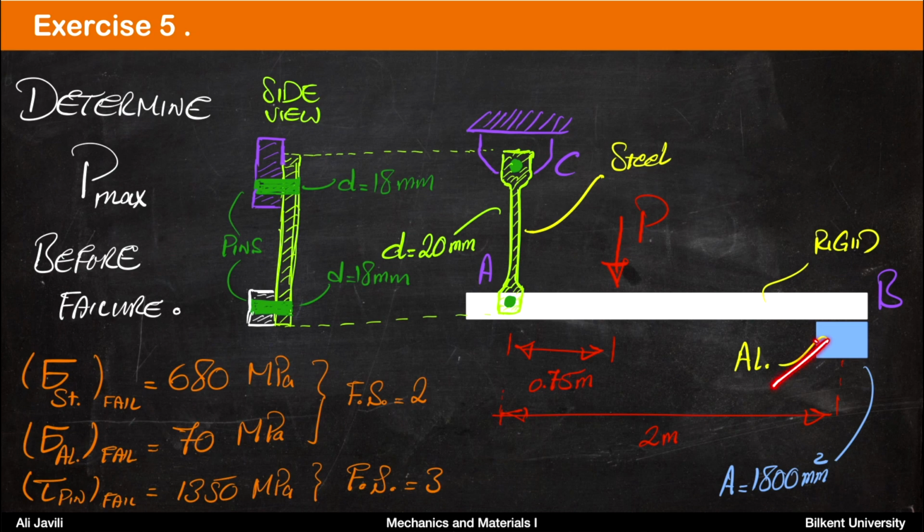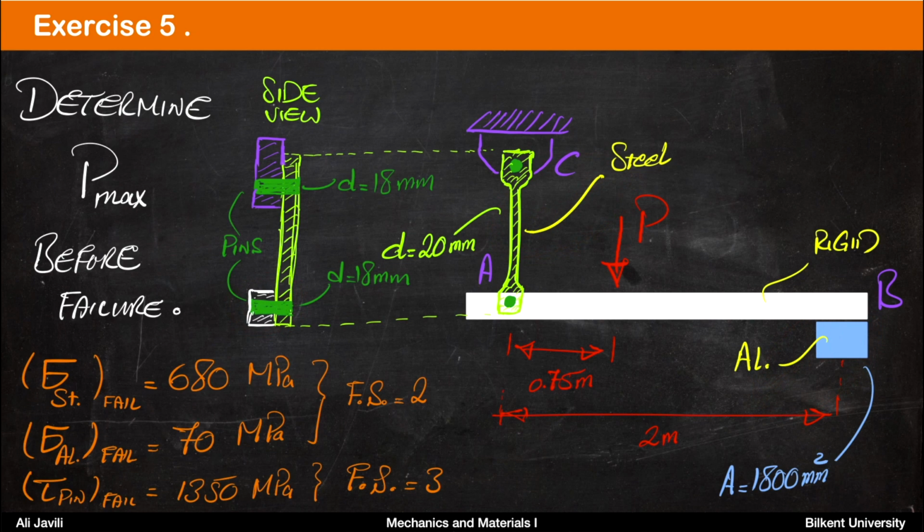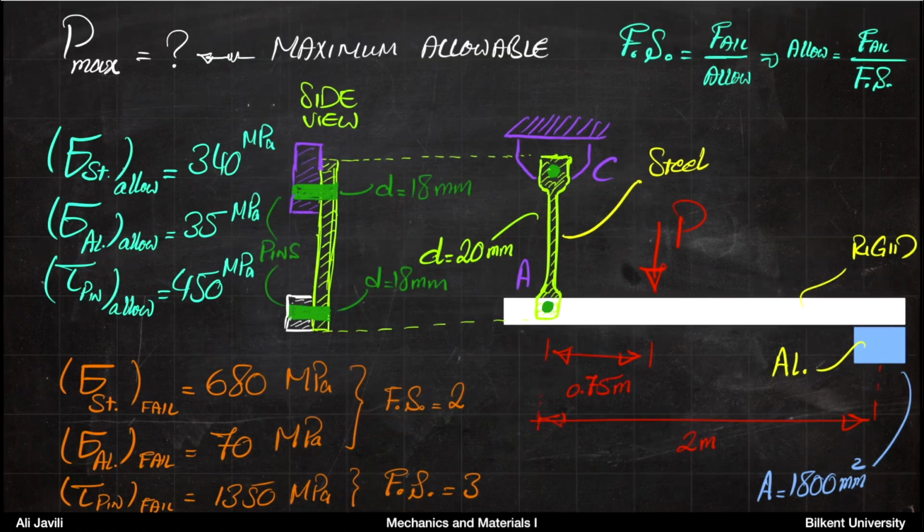So this is the aluminum block here, and you have a steel rod here, and then you have the pins. So you are essentially dealing with 3 main parts: the pins, the steel rod, and the aluminum block, and you need to design this structure such that none of them fails according to the given failure stresses and safety factors.